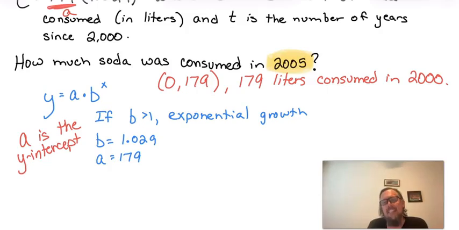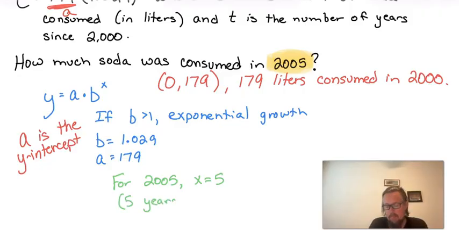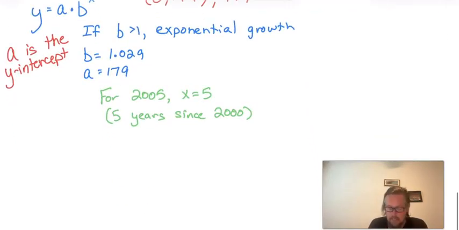If x is the years since 2000, then for 2005, x is going to equal 5. 5 years since 2000. And this is also something we can do very easily on the calculator.